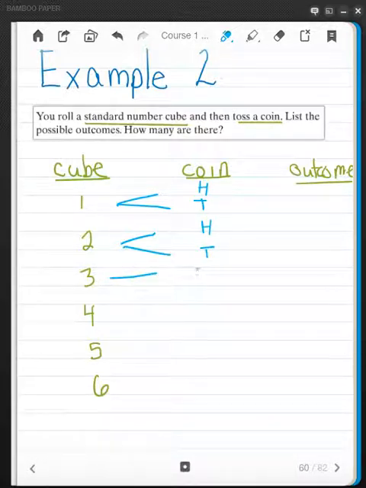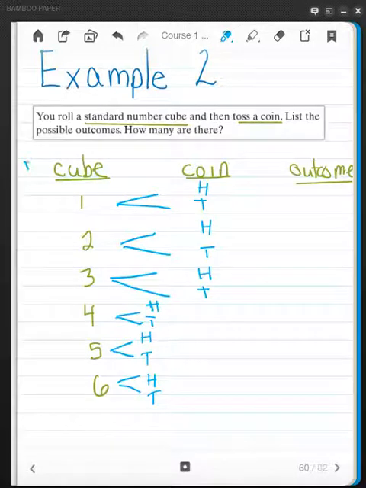If I toss a 3, I can still get heads or still get tails. And so it goes. I'm going to make these a little smaller just so I don't run out of room. Tree diagrams don't need to be big necessarily. You just want to be sure that you have enough vertical space this way that you can fit in all of the outcomes of the second event.